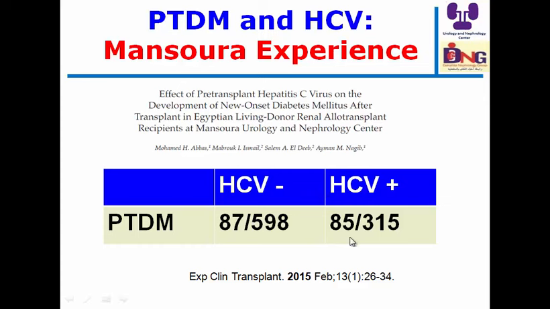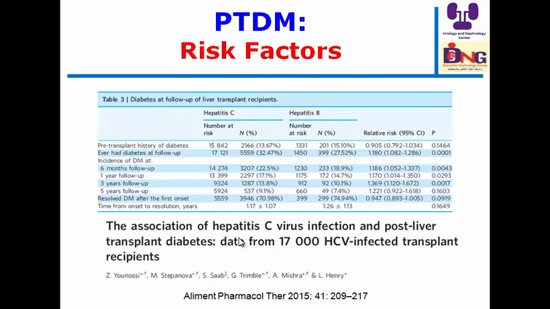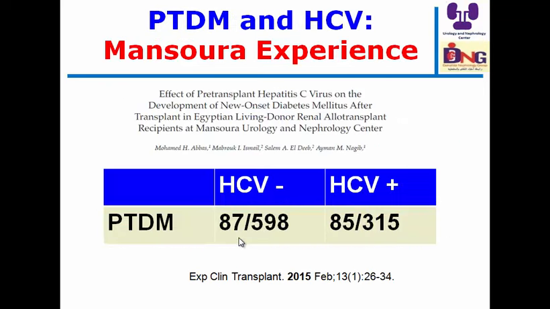Look here, out of 315 hepatitis C positive recipients, 85 patients developed post-transplant diabetes, in comparison to approximately 600, of whom only 87 showed post-transplant diabetes in hepatitis C negative serology patients. So this means that hepatitis C is another added risk factor for all the risk factors that I mentioned.